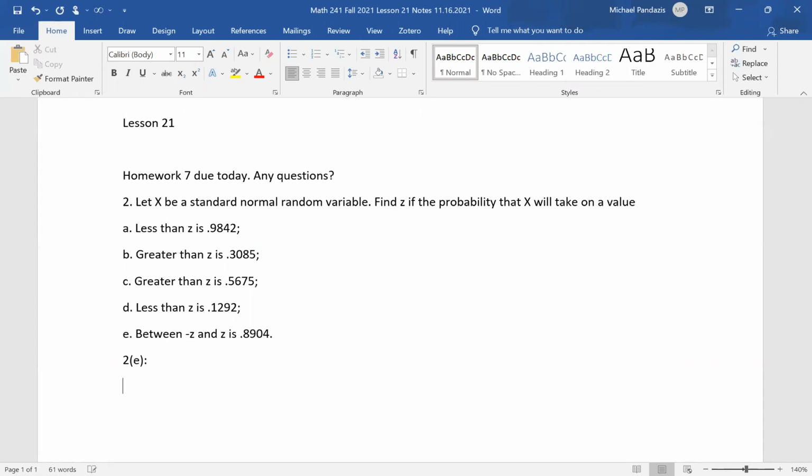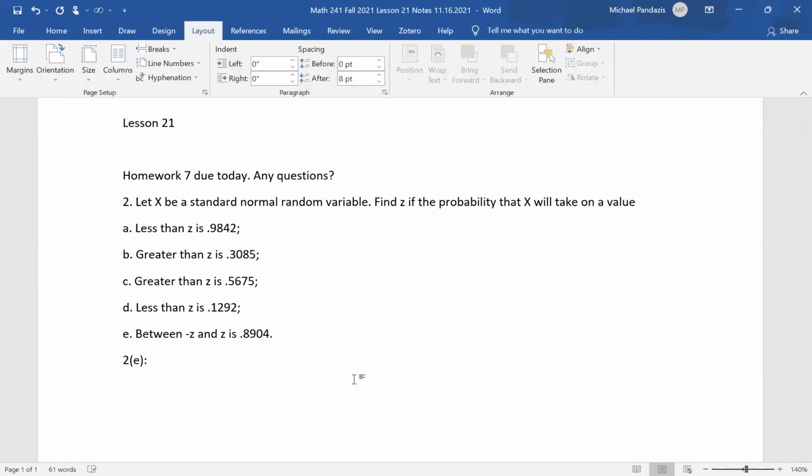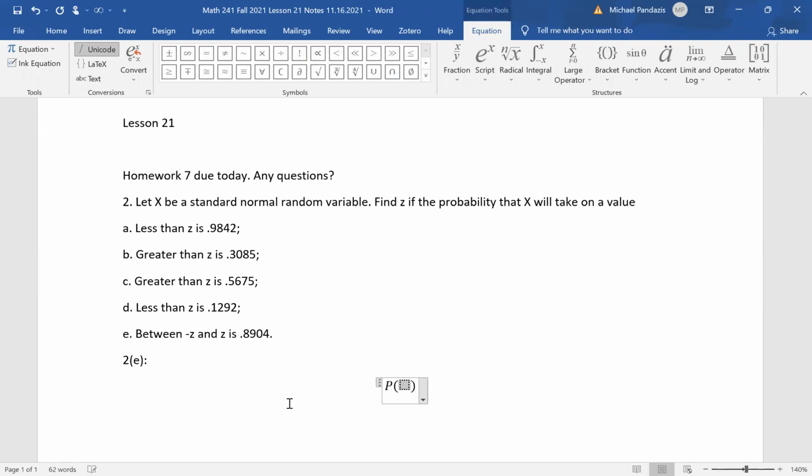So we want the probability that X will take on a value between negative z and z. So the probability that negative z is strictly less than capital X, strictly less than little z. This is equal to X, the standard normal random variable.